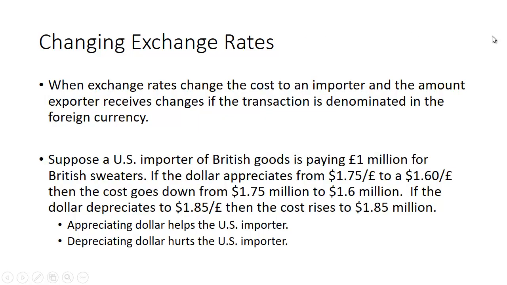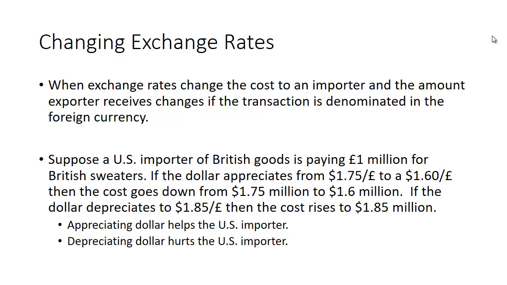So let's take a look at a couple of examples here. Suppose a U.S. importer of British goods is paying £1 million for British sweaters. If the dollar appreciates from $1.75 a pound to $1.60 a pound, that is, it takes less U.S. dollars to buy 1 pound sterling, then the cost goes down from $1.75 million to $1.6 million.